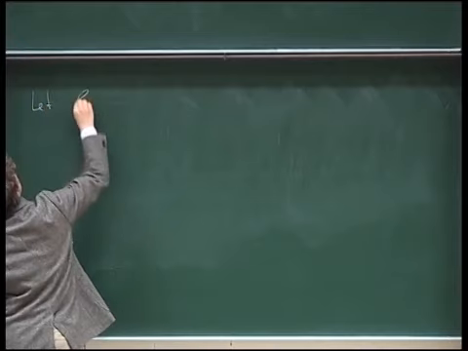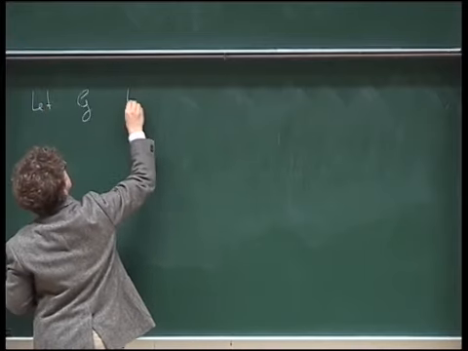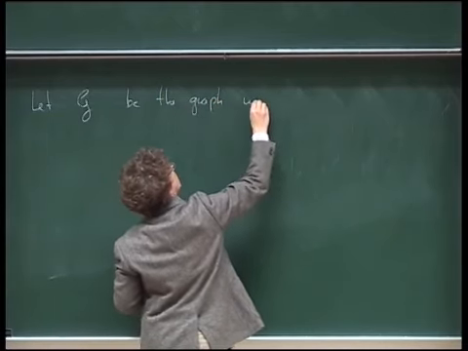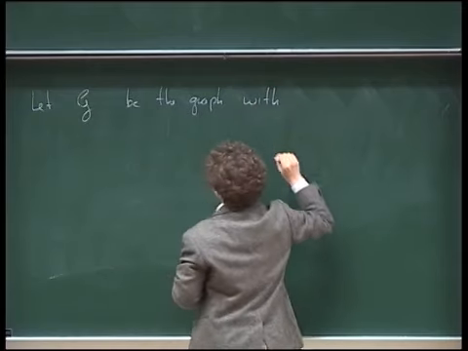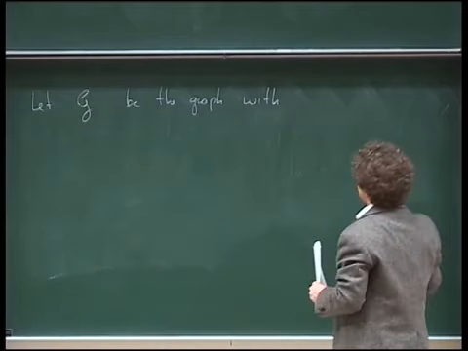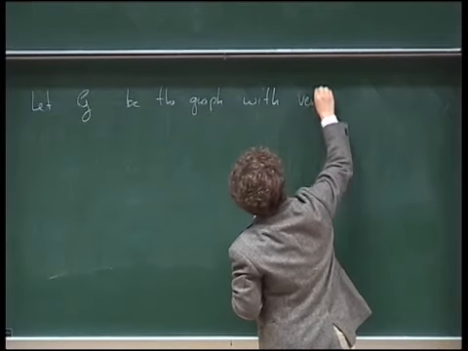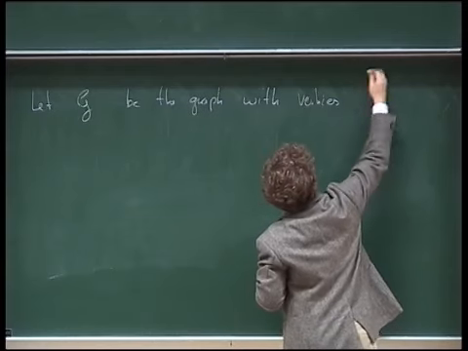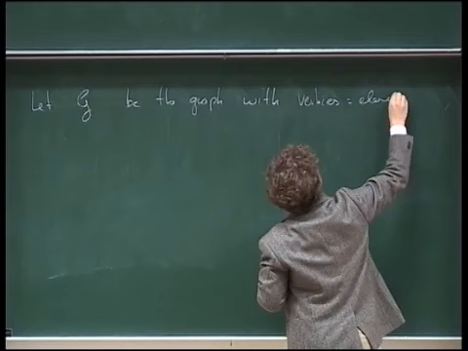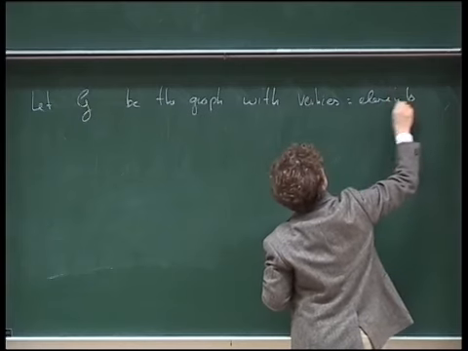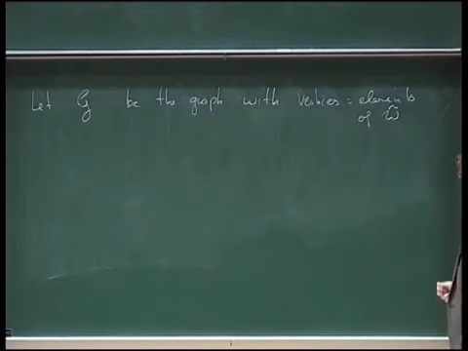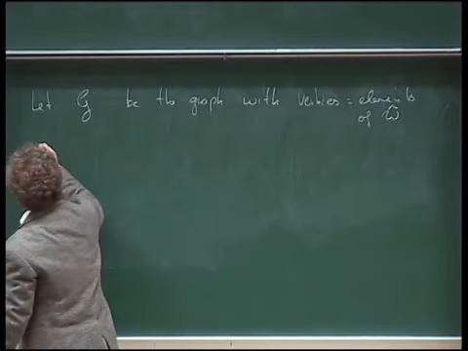So we define the graph G. The graph G has the vertices that are elements of W hat, the affine Weyl group. So any element gives us a vertex and edges.